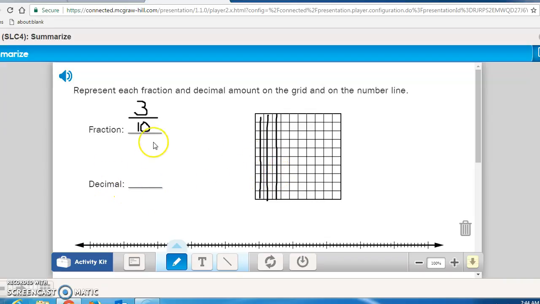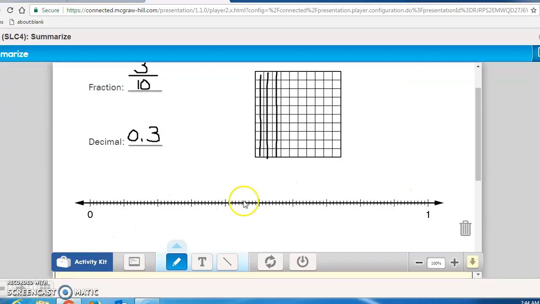How do I write that as a decimal? Well, the 3 needs to go in the tenths spot. So I have 0 ones, but I have 3 in the tenths spot. How would I write that on my number line? Well, I can check. This is 1, 2, 3, 4, 5, 6, 7, 8, 9, and this would be 10/10.